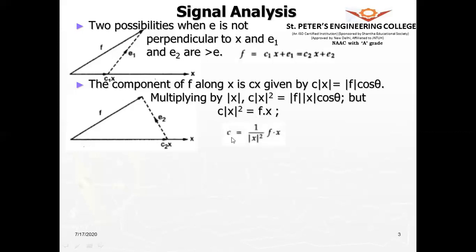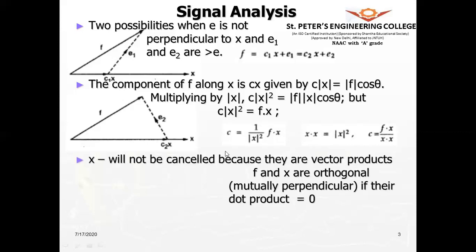Therefore, we get the final equation: C is equal to the dot product of f and x divided by the dot product of x with x. And we know that the dot product of x with x is mod x square. So in this equation, x will not be cancelled because they are vector products.